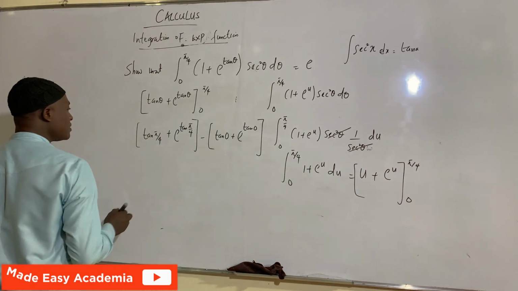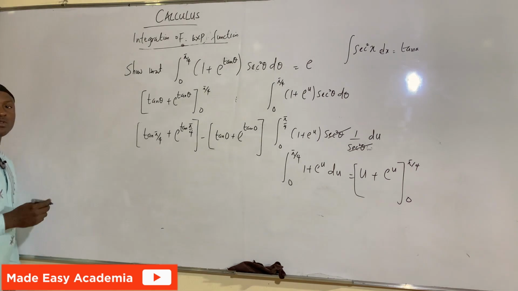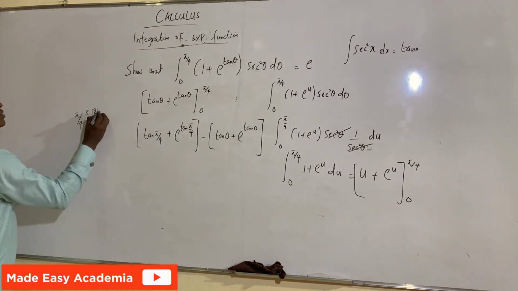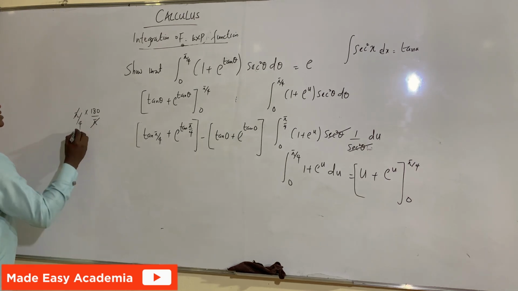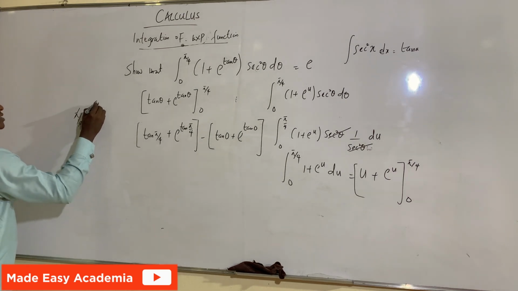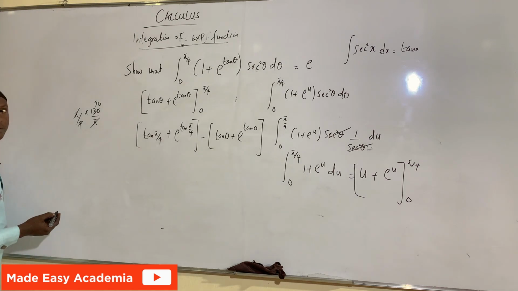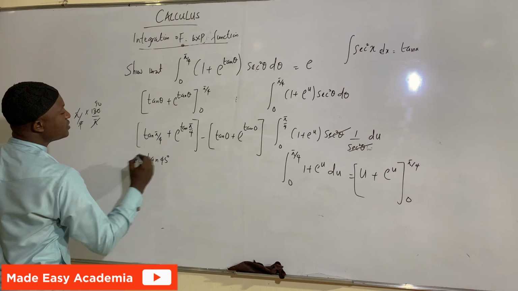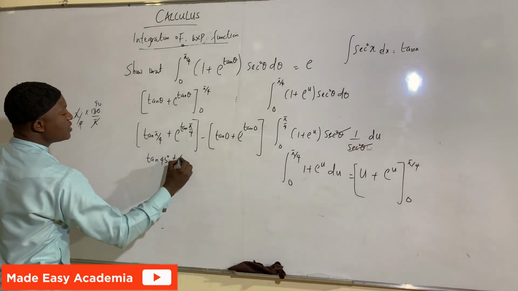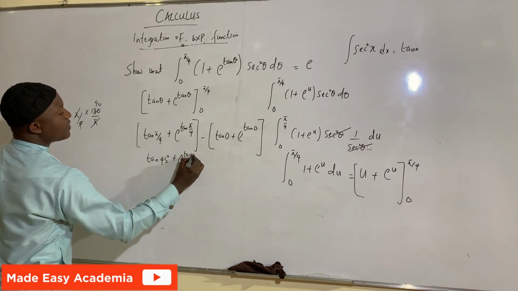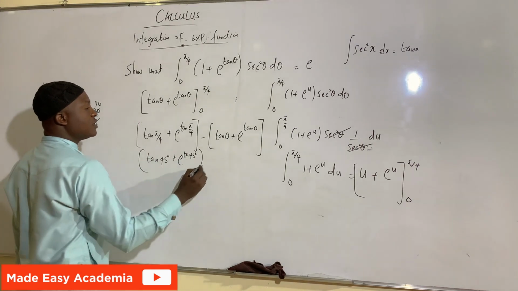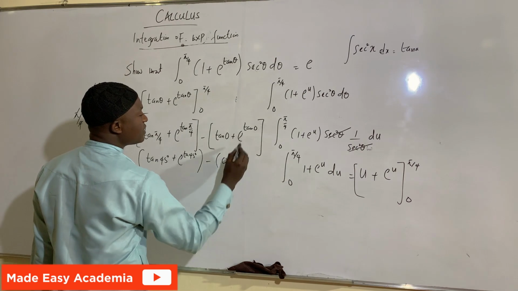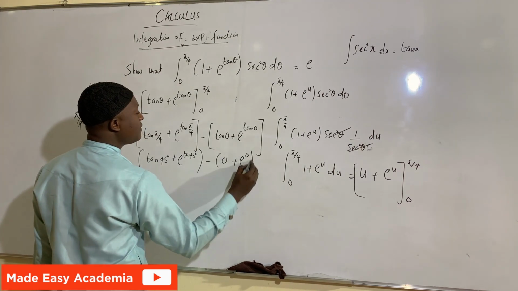Now, tan pi over 4, I've already told you how to convert that one. Pi over 4 is nothing but pi over 4 times 180 over pi. So this cancels this. 2 here, that is 90, that is 45. So what I have here is tan 45 degrees plus e raised to the power of tan 45 degrees. The tan 0 is going to be 0, and e raised to the power of tan 0 is going to be 0 as well.